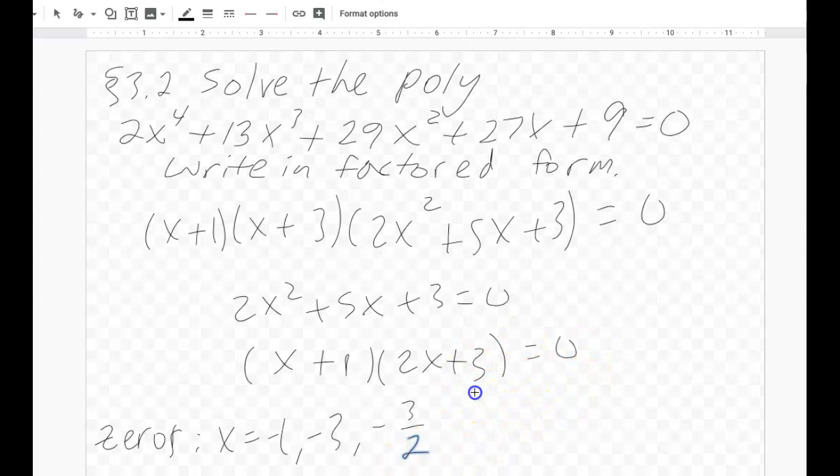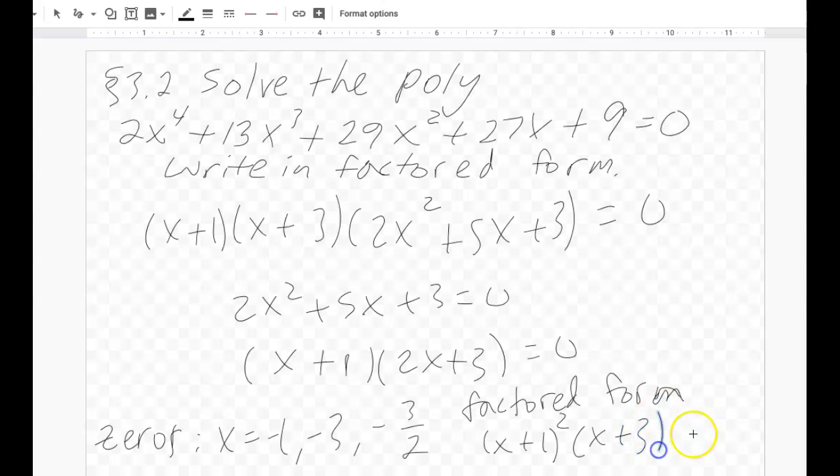And the factored form is, well, we have two x plus 1's, so x plus 1 squared, x plus 3, and then 2x plus 3.